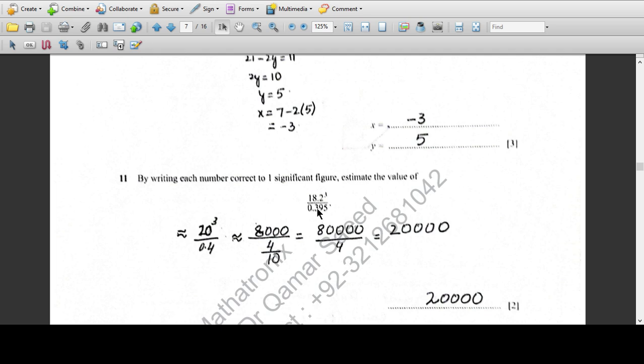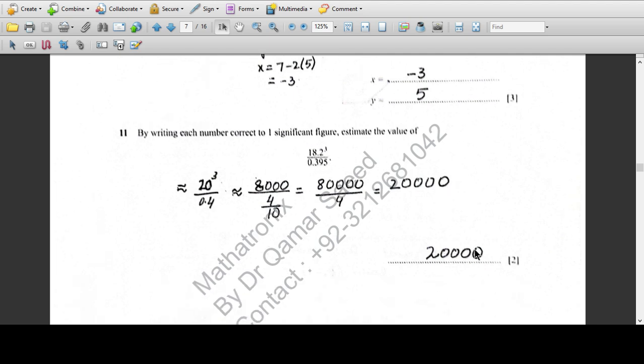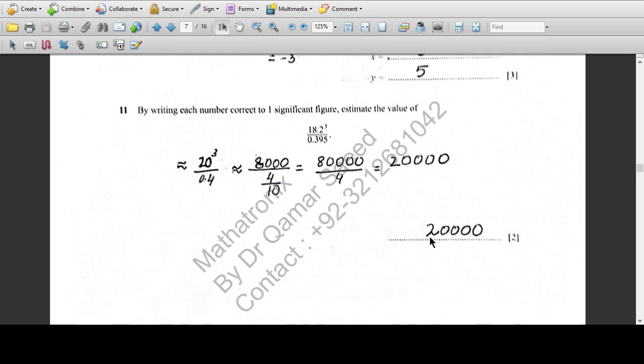So this 0.3 becomes 0.4, which is one significant figure. 20 cubed is basically 8000, and 0.4 is 4 divided by 10. This 0 comes here, and when we divide, we get 20,000. So on simplification of these numbers, we have obtained 20,000.